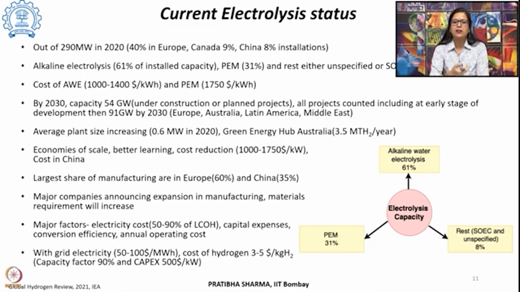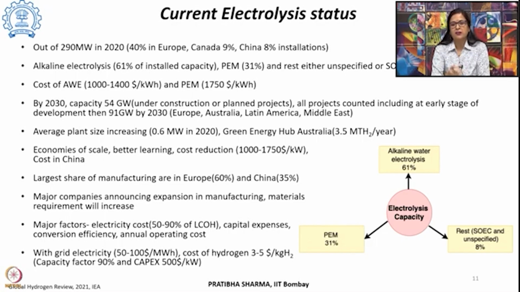There are several other companies which are expanding, but when the manufacturing capacity increases, the requirement of materials will also increase. But we expect that in future with more technological advancement, the amount of precious materials that will be used will also reduce.